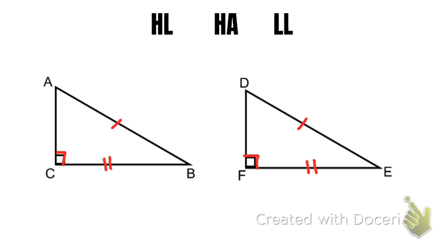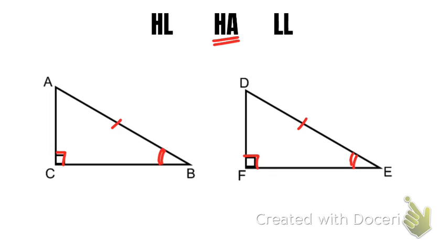If instead we show that the hypotenuse is congruent on both of the triangles, and then also one of the other angles besides our right angle, then we can conclude that these two triangles are congruent because of the hypotenuse angle theorem.